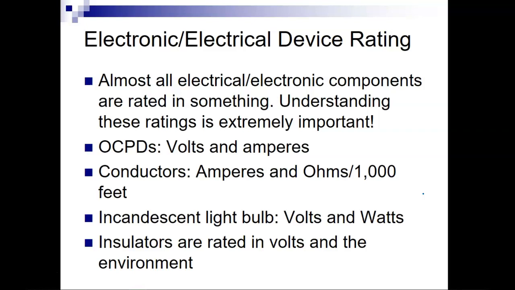It's why, if you look at your circuit breakers in your house, something like your washer and dryer, what do they run? Voltage. What does a hot water heater run as far as voltage? They run 220 volts.